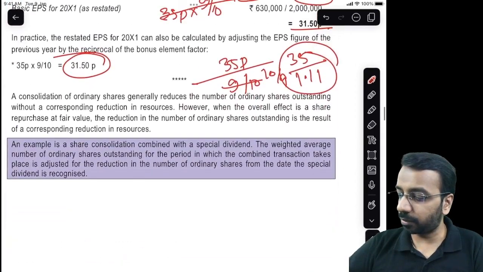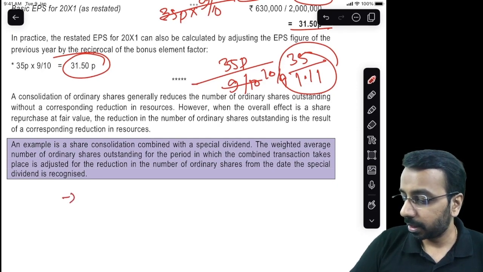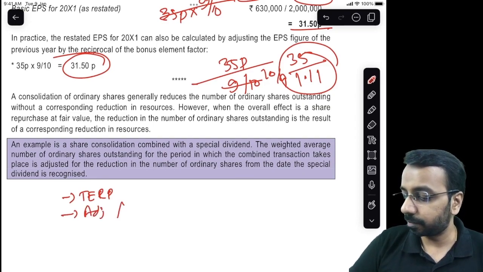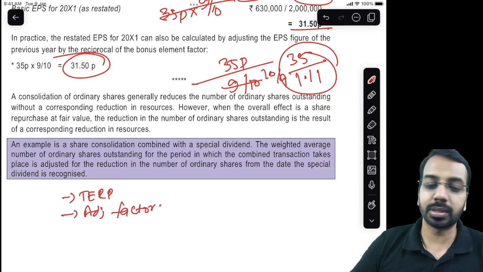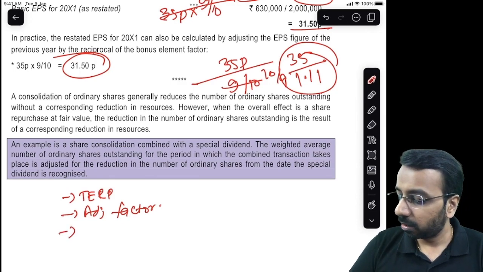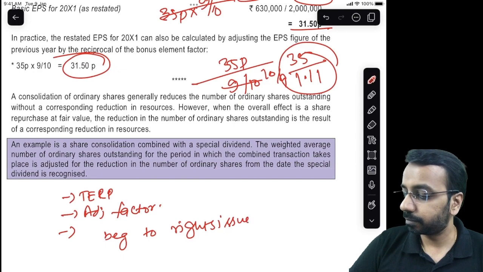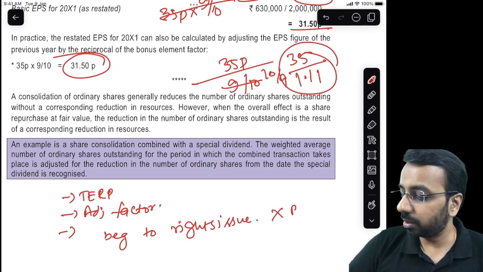Now the steps that you have to keep in mind: first step, calculate the theoretical ex-rights price. Second step, calculate the adjustment factor, or we also call it the bonus element factor or bonus factor, whatever name you want to give. Then from beginning to rights issue date, you multiply that with the bonus factor.